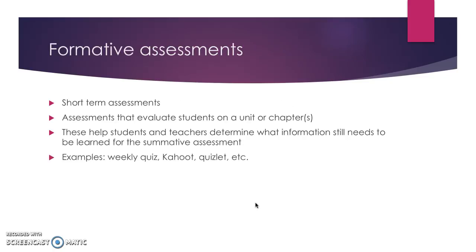learning disability. So a formative assessment is a short-term assessment. So assessments that evaluate a student on a unit or a chapter, or this could be spelling tests week by week. These help students and teachers determine what information still needs to be learned for the summative assessment.